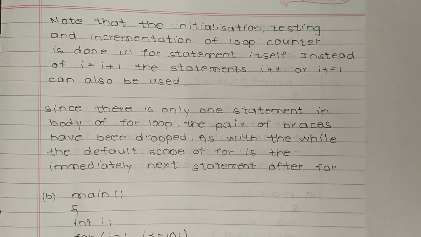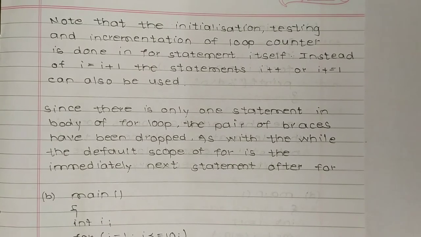Note that the initialization, testing and incrementation of the loop counter is done in the for statement itself. Instead of i = i + 1, the statements i++ or i += 1 can also be used.